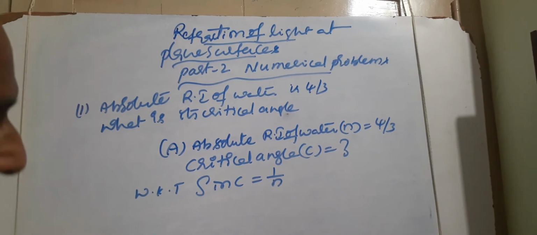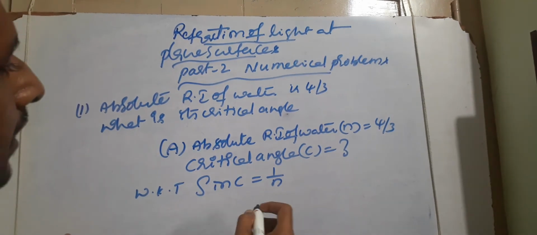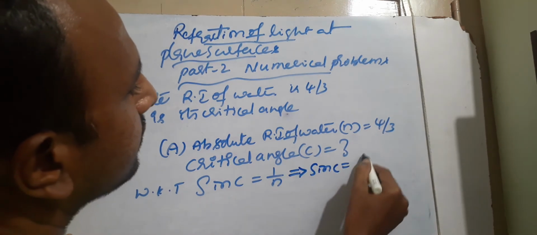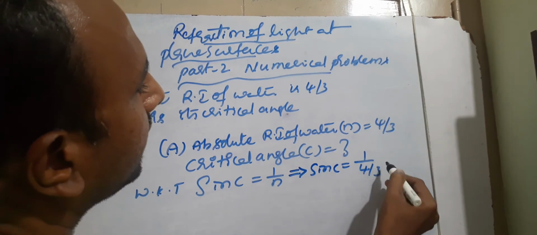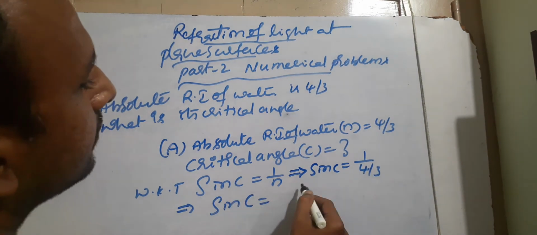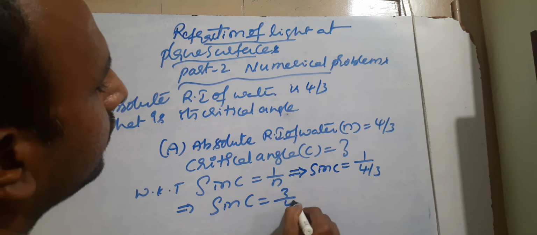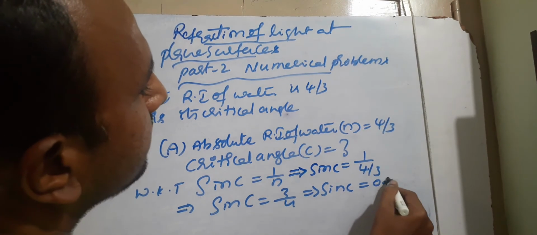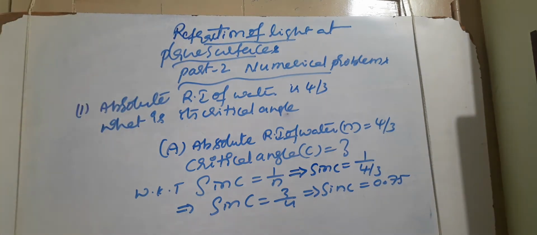So now, here n is given. This implies sin C is equal to 1 by 4 by 3. So sin C is equal to 3 by 4. That is, sin C is equal to 3 by 4, which means 0.75, students.